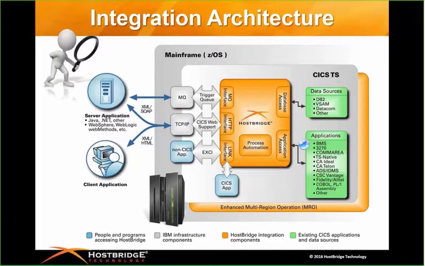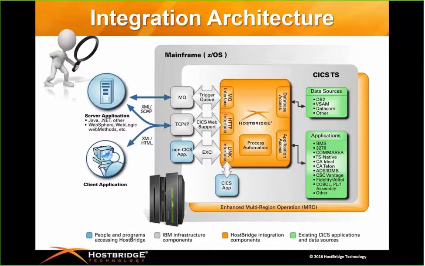So we have this interaction that talks directly between HostBridge and the application itself, so that we're able to walk through all of those screens, those transactions, to be able to do that business process, whatever that is, add that customer, adjudicate that claim. Operators have to walk through dozens or sometimes even hundreds of screens to complete certain business processes.